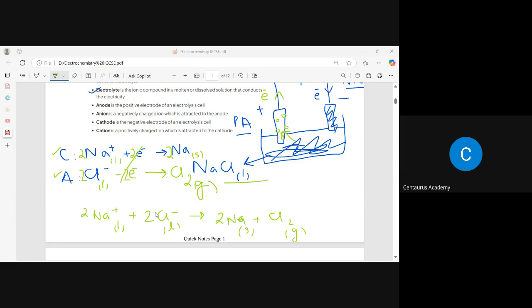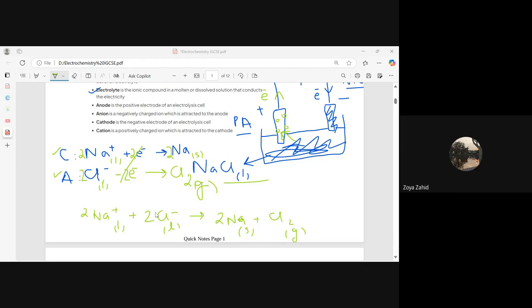Hence, you have to write lowercase l with the ions. But if you have been given aqueous copper(II) sulfate, or any other aqueous solution, dilute aqueous sulfuric acid, okay, then all the ions have to be written as aq.